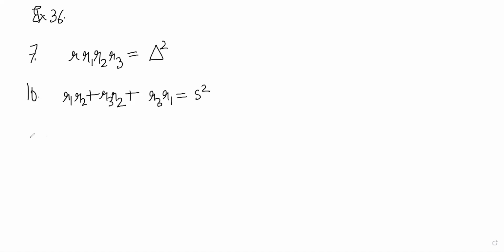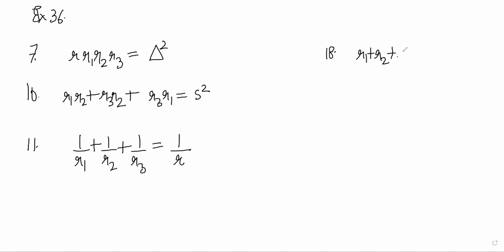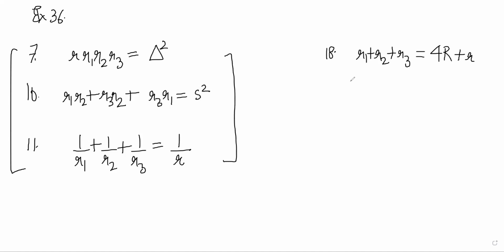Then the nice ones, this one, the 11th one, and the 18th one, r1 plus r2 plus r3 is equal to 4R plus r. That's it, I think. If you remember these results, that is more than enough. Sometimes this will come up in questions, so if you remember it, it will be much faster. So these 4 are enough, nothing more.